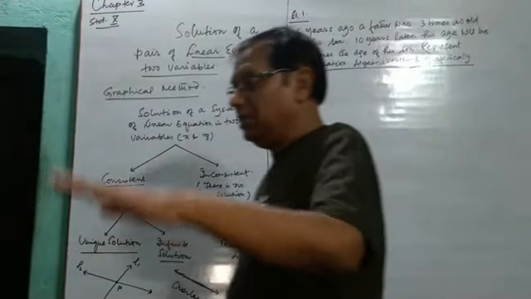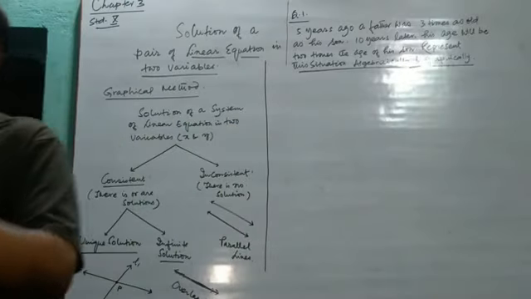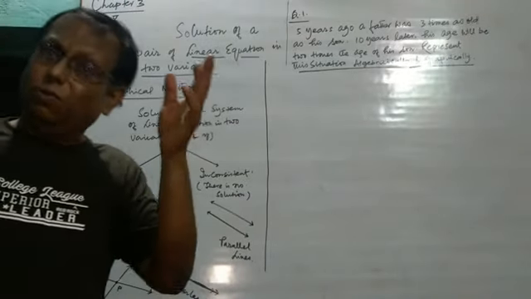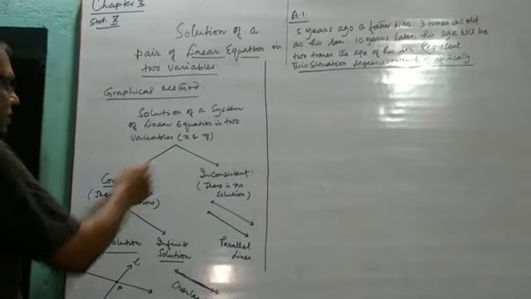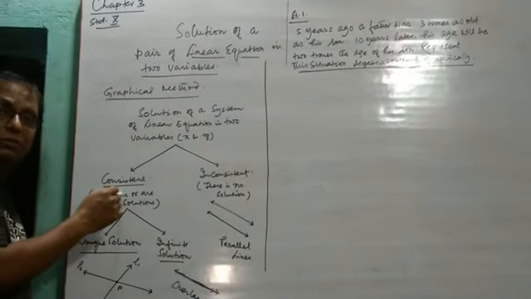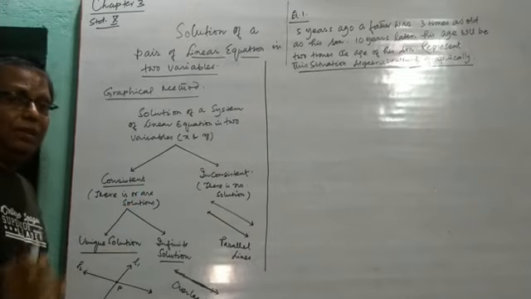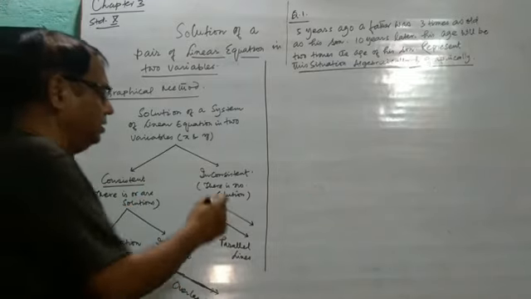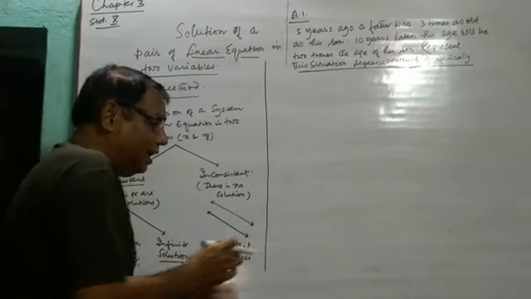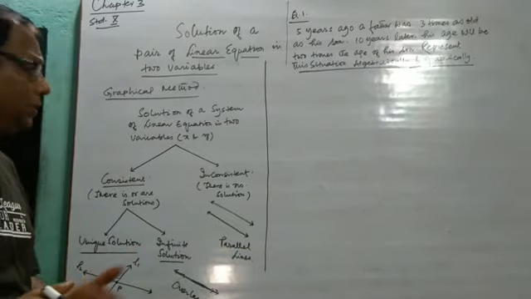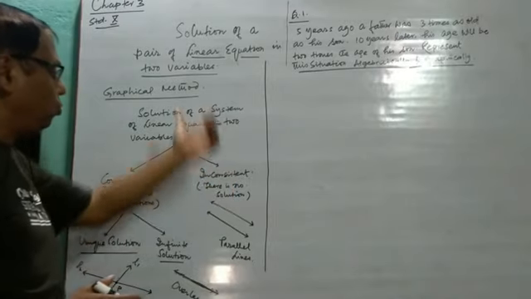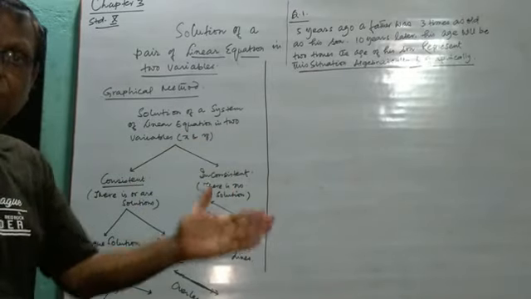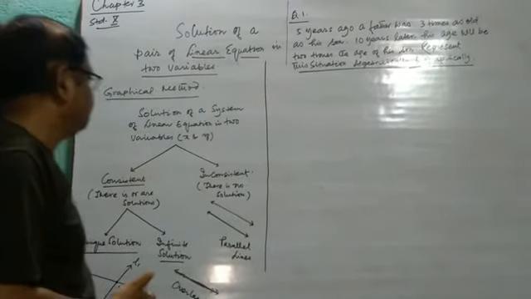If two simultaneous linear equations in x and y have a solution or some solutions, then we say that it is consistent. On the other hand, if the pair of linear equations does not have any common solution, then it is known as an inconsistent system of linear equations.